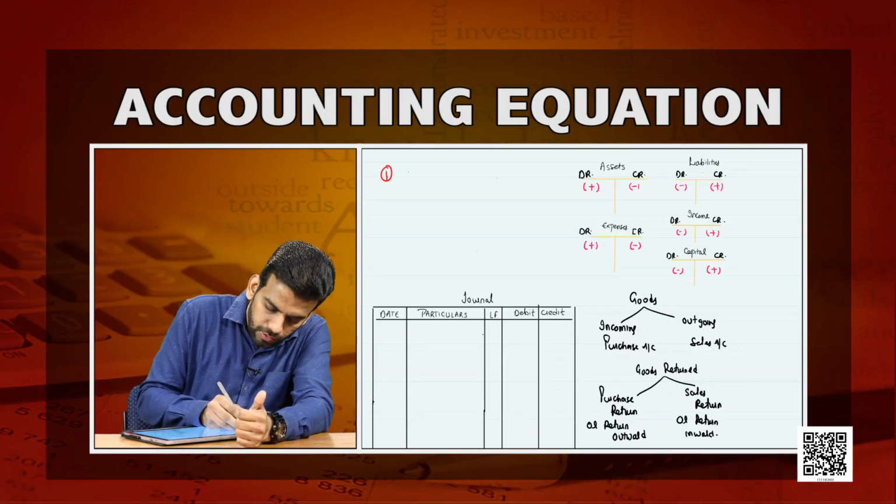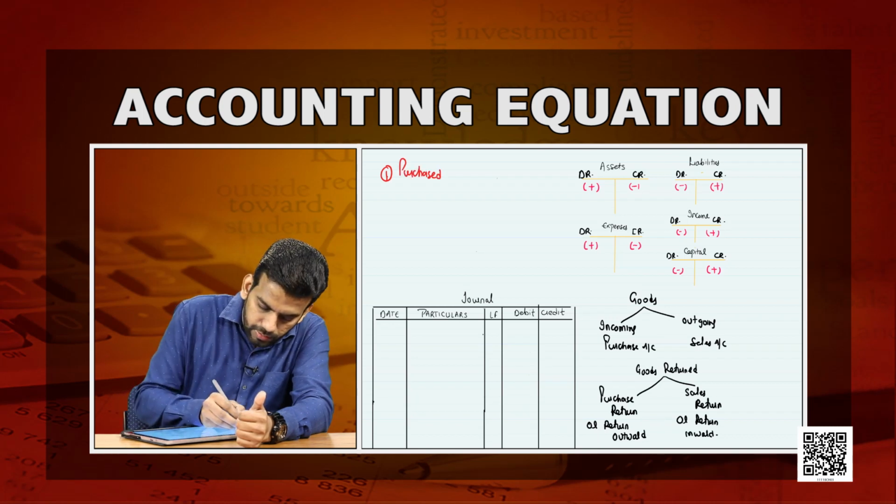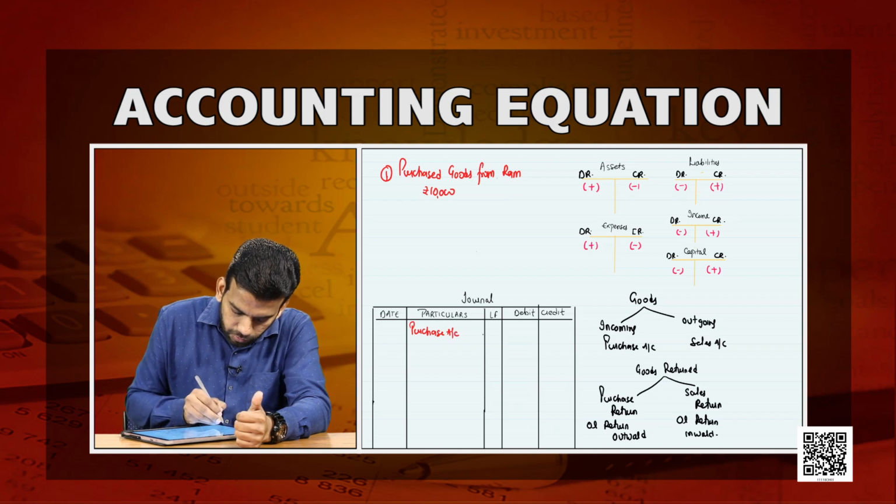I'll take an example in which both of the transactions, selling goods and returning it, buying goods and returning it, would be covered, right? For an example, if I purchase goods from Ram, let's say 10,000. What would be the journal entry?